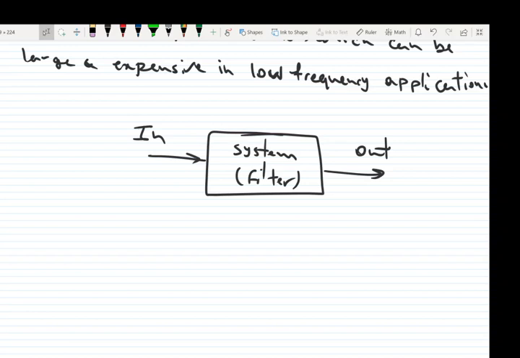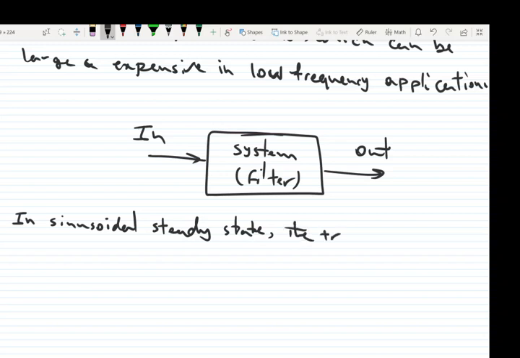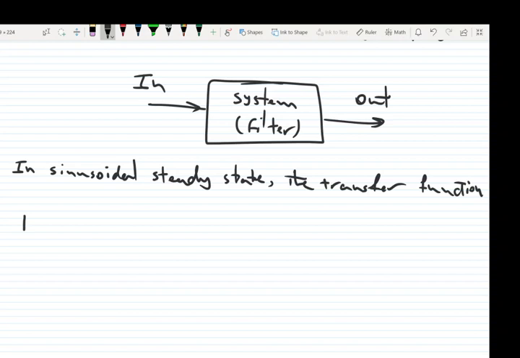In sinusoidal steady state, what is the transfer function?